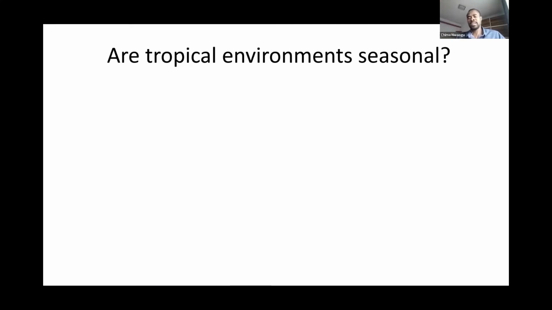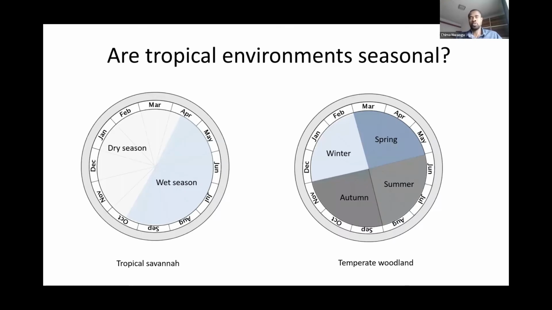Our tropical environment is really seasonal, because there's that general notion when people talk about the tropics, they think about an environment where there is food year round, where there's 12 hours of light and 12 hours of no light, and conditions are almost exactly the same throughout the year.